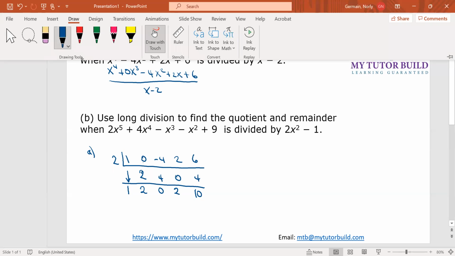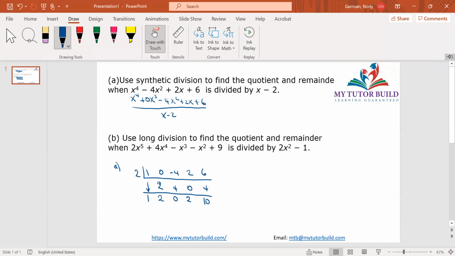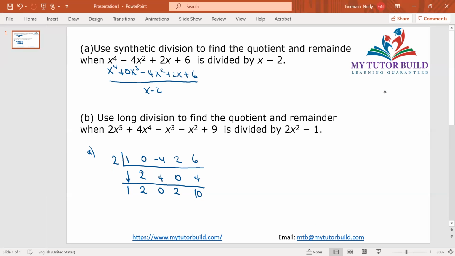That's the first term we're going to have, because the largest term in our division is x power 4, right? The largest exponent is power 4. Now, this row right here gives you the quotient and the remainder, right? That would be the quotient, and the last term right here is the remainder.